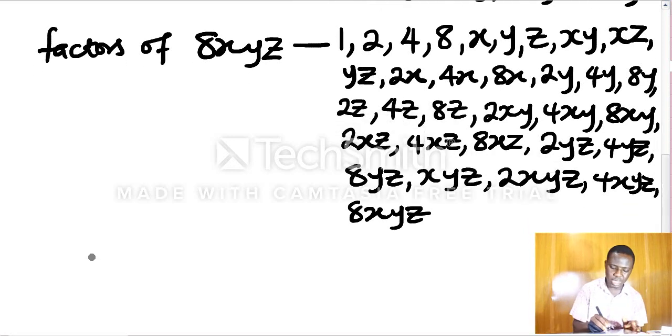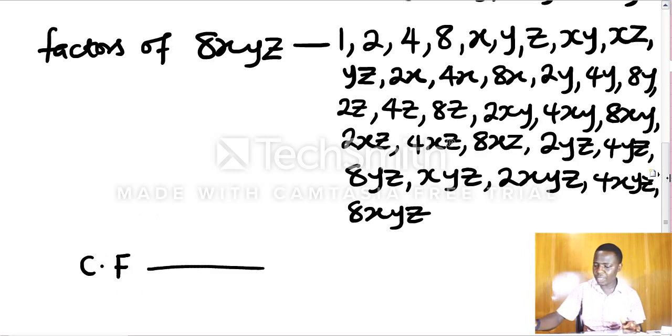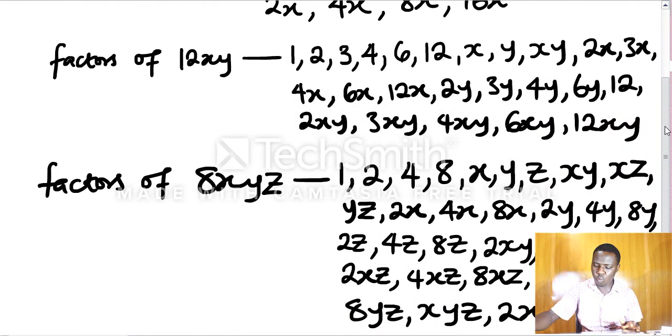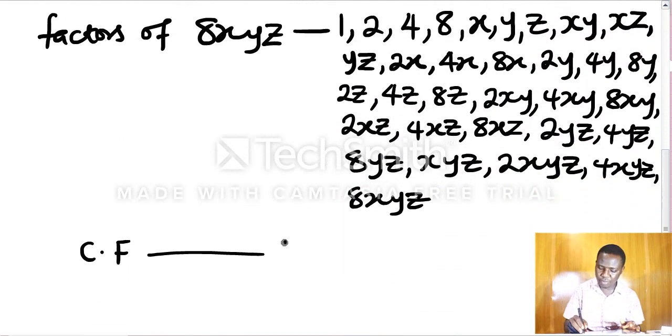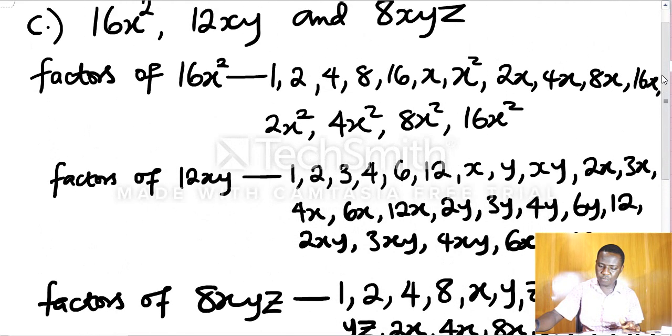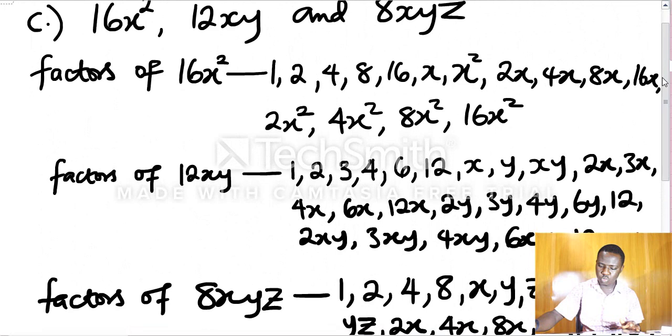Next we said is the common factors. So we'll get the common factors between these three terms. So let's look at that. 1 is common in each of them. So we have 1. We also have 2. 2 is common.